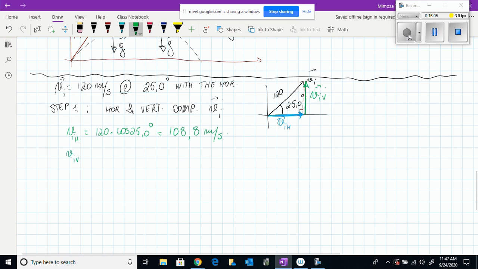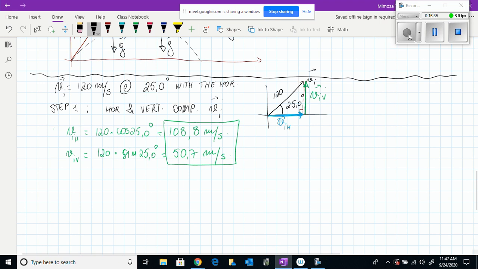And the vertical component will be 120 times sine 25 degrees. Using your calculator, and again making sure that the mode is on degrees, this will be 50.7 meters per second.